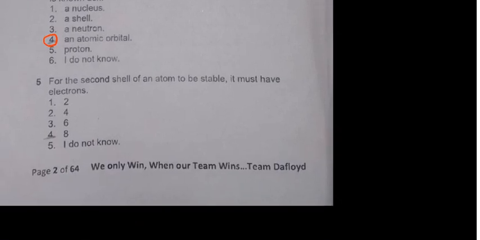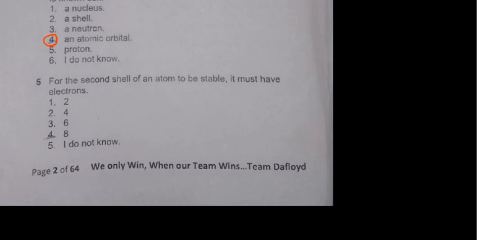Then question 5. For the second shell of an atom to be stable, it must have dash electrons. So for the second shell, we have 1s orbital, which needs to have 2 electrons. Now let's do the second shell.